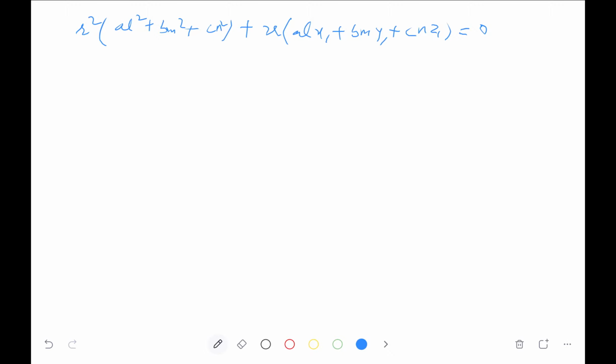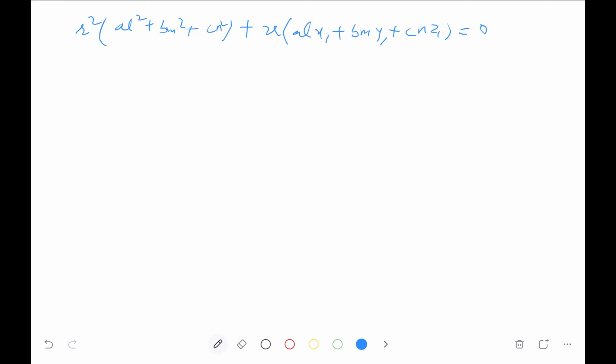But the point x1, y1, z1 lies on the conic also, so it satisfies the equation of the conic, that is ax1 square plus by1 square plus cz1 square is equal to 1. So put this value here. We can take minus common and these terms are plus, so we can replace this by 1.